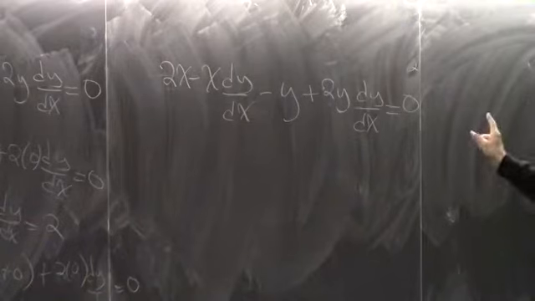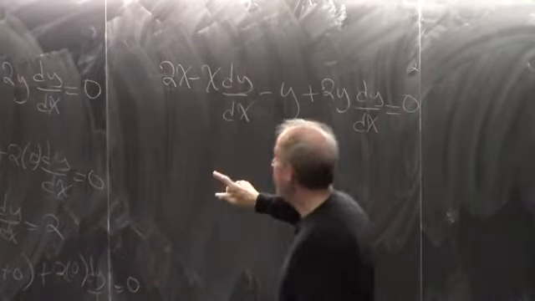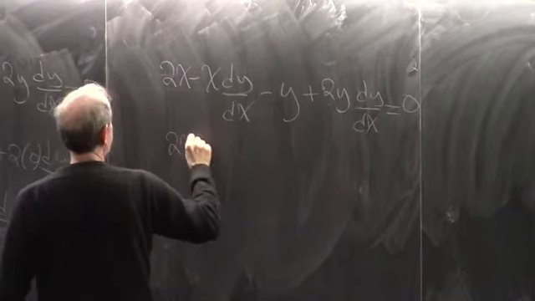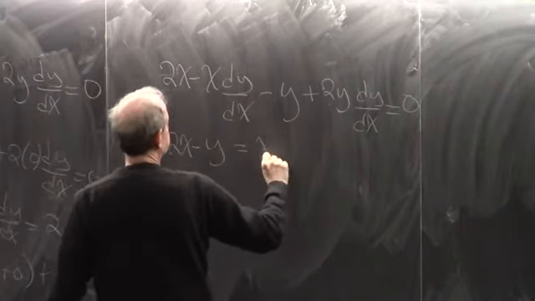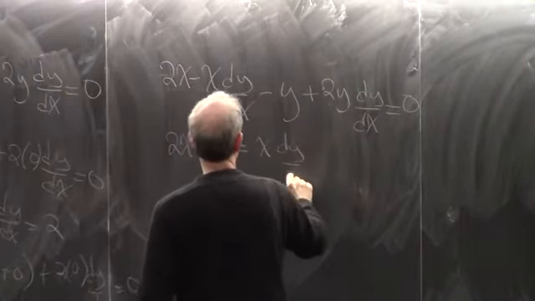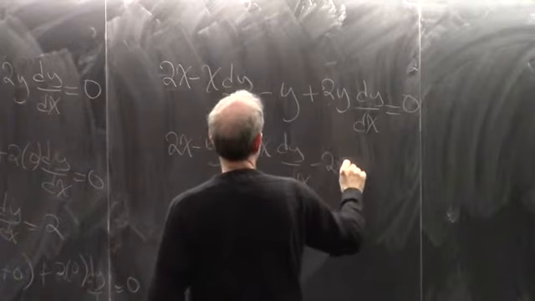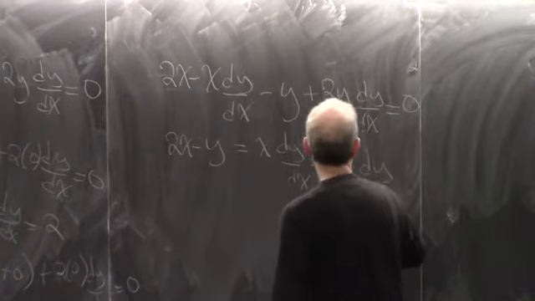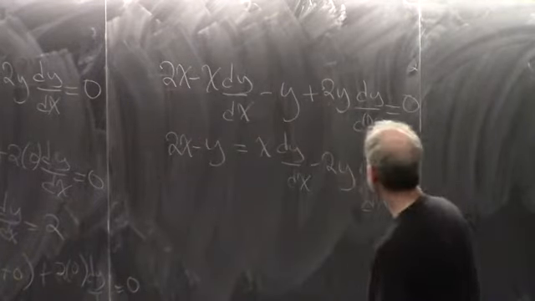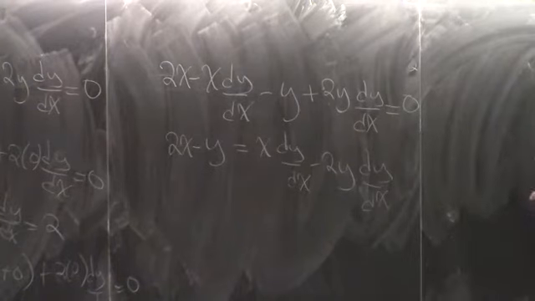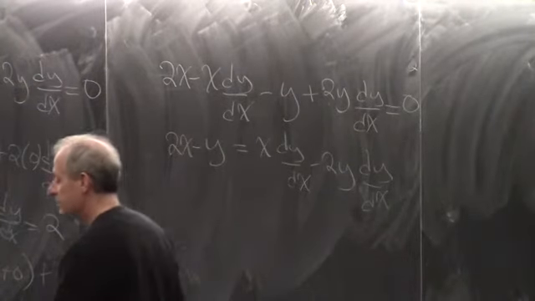Okay. Group the dy/dx terms on one side and non-dy/dx terms on the other side. Factor out dy/dx.